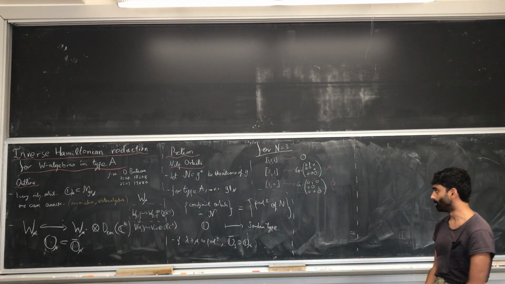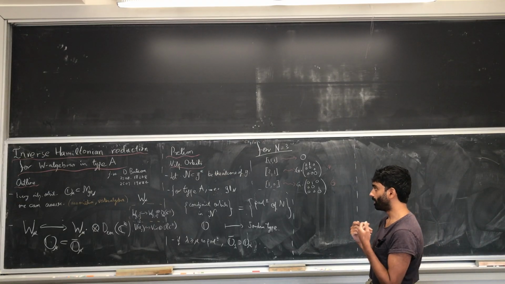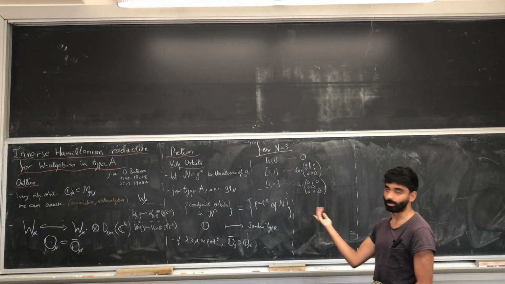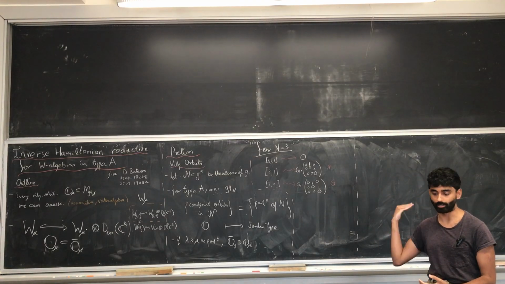So these are some nilpotent orbits in type A_n, but what I actually want to define my W-algebras are not just these nilpotent orbits, but I want a certain kind of transversal slice to them.